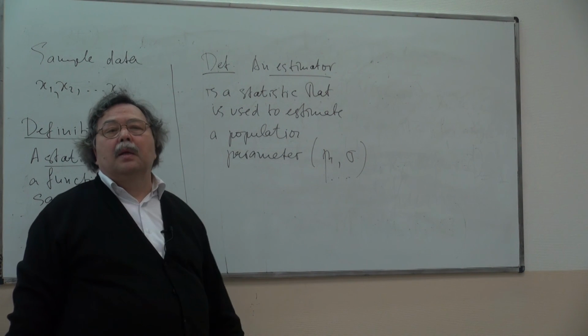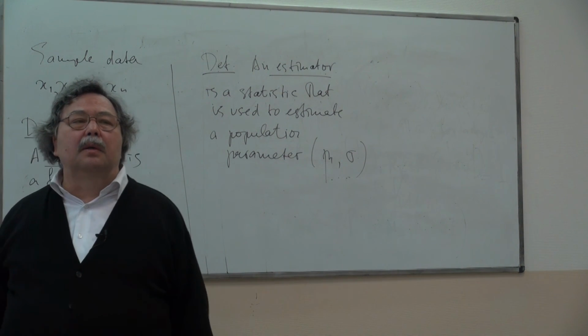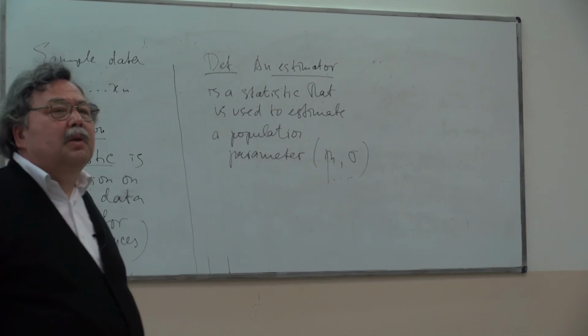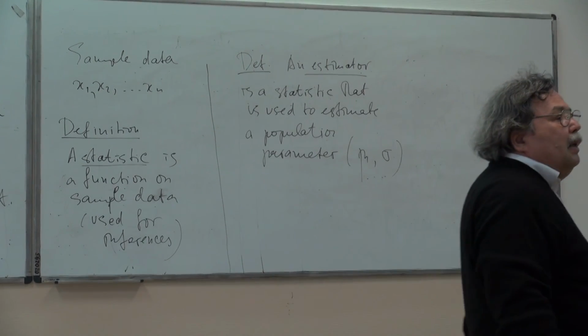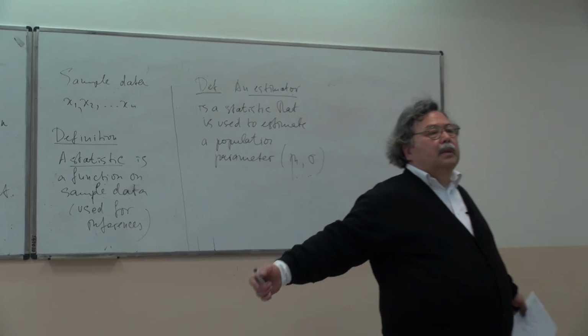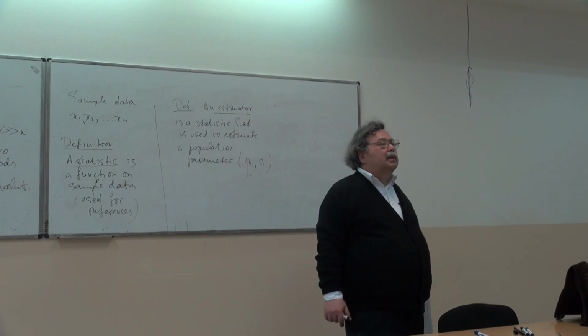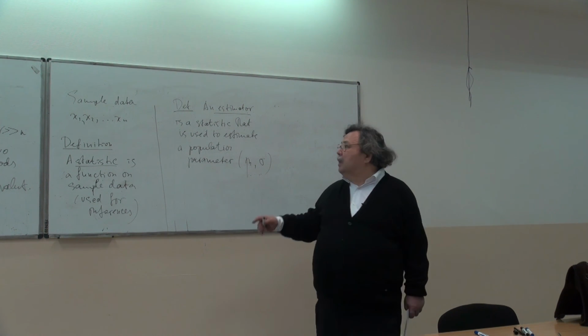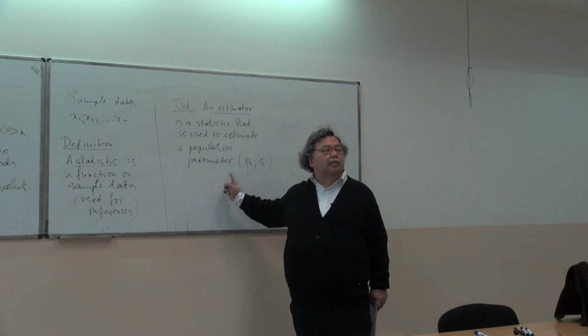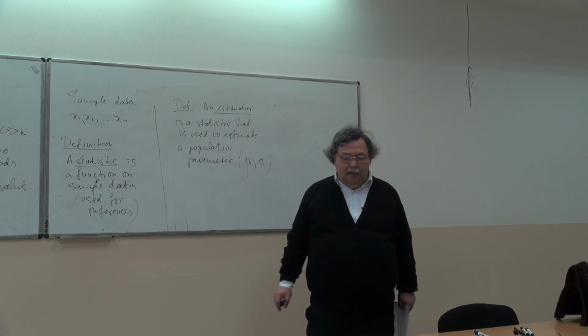So the most common and the most often used population parameters are mu and sigma. And the whole science of mathematical statistics is basically about making inferences, and a large part of it is about making inference about mu and sigma.